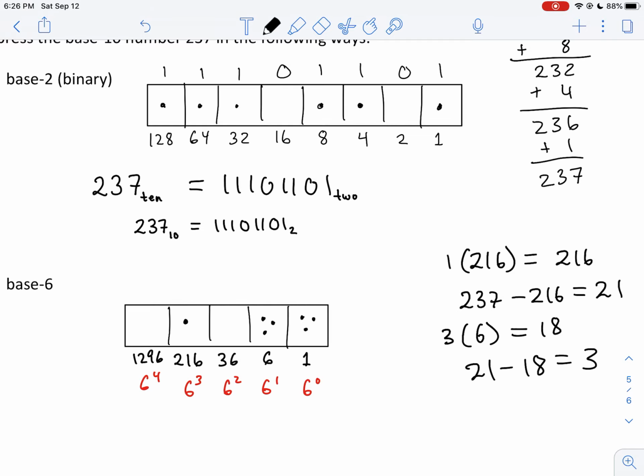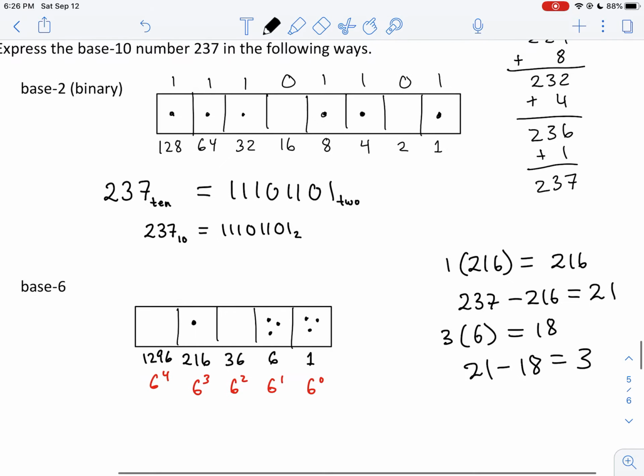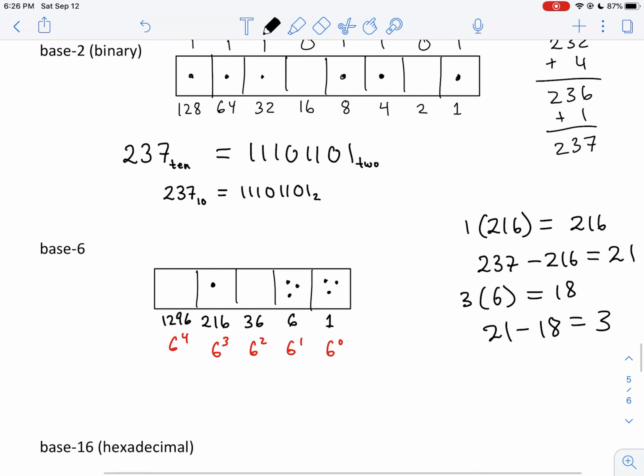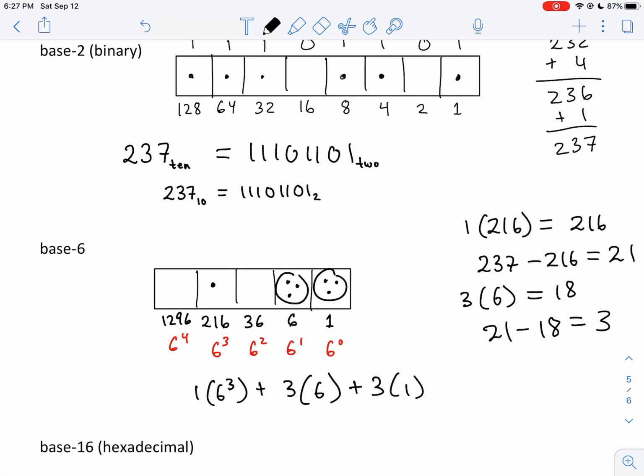And I can do all 3 of those singles here in the 1s position. So these dots literally mean that we have 1 copy of 6 cubed, plus, and we don't have any 6 squares, but we have 3 copies of 6 to the 1st, or just 6, and we have 3 copies of 1.